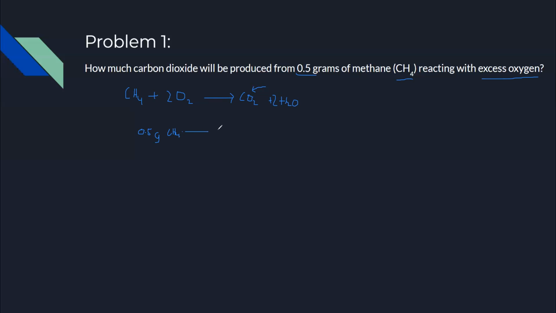and then you have to convert grams to moles. So 1 mole of CH4 is 16 grams of CH4. This you'll require a periodic table for, so 16 grams CH4 equals 1 mole CH4.